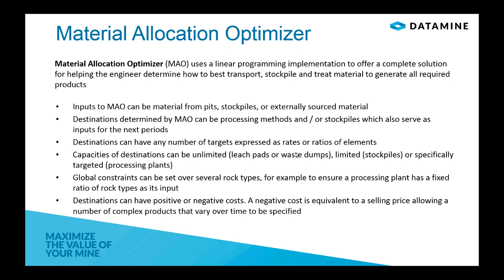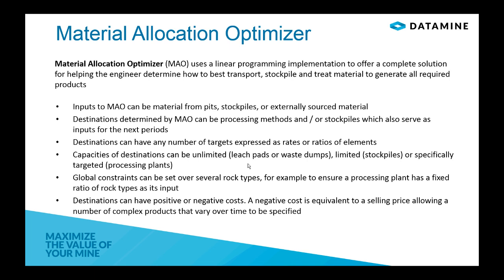So it compares the cost of handling if you're going to get this from a stockpile, the cost of purchasing if you're going to get this from external source, and it's comparing the recoveries and the processing costs. If the material cannot go to any of these destinations, it is wasted.